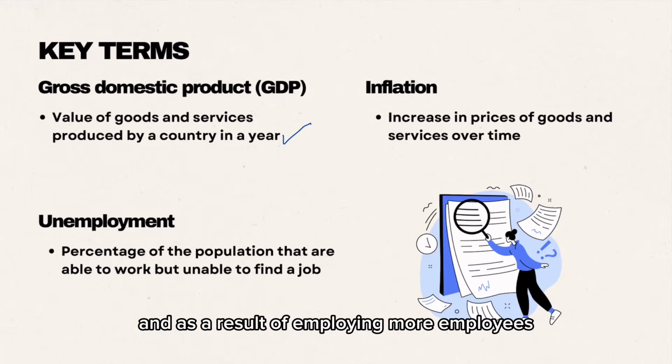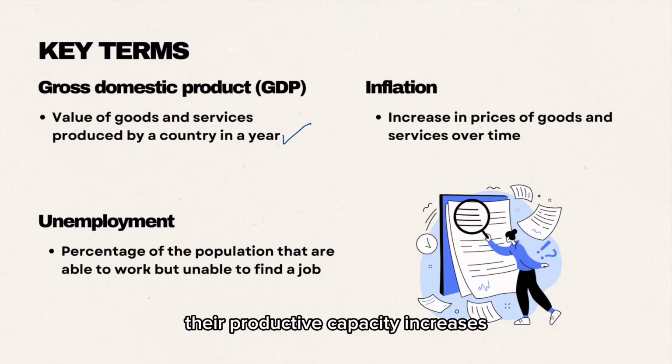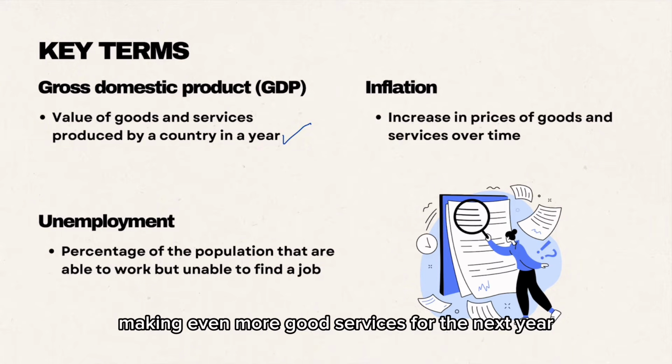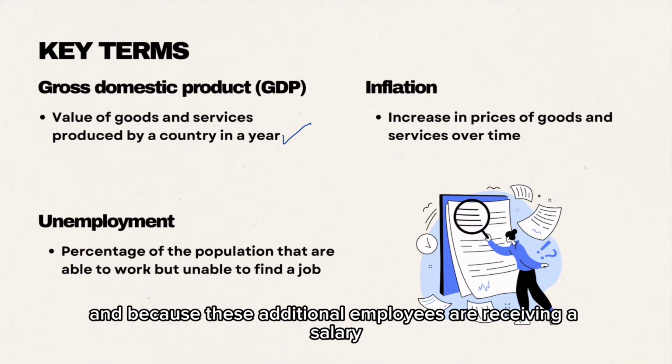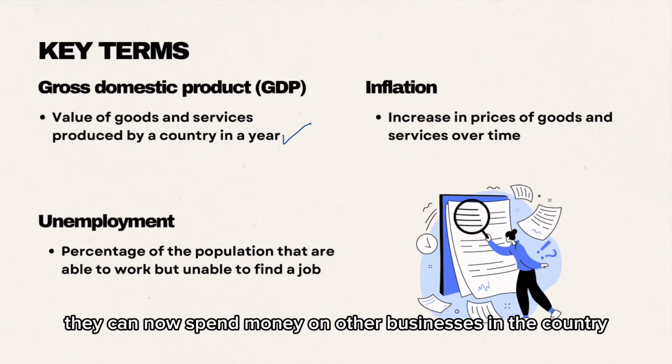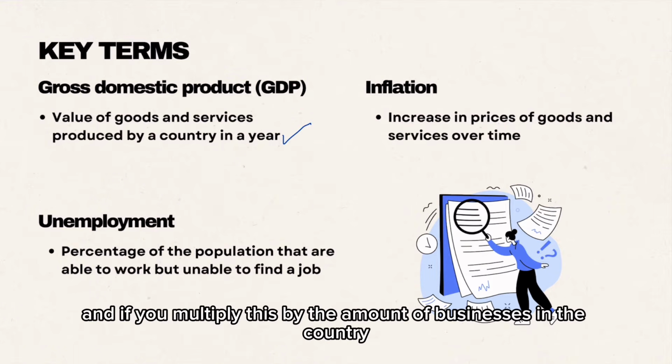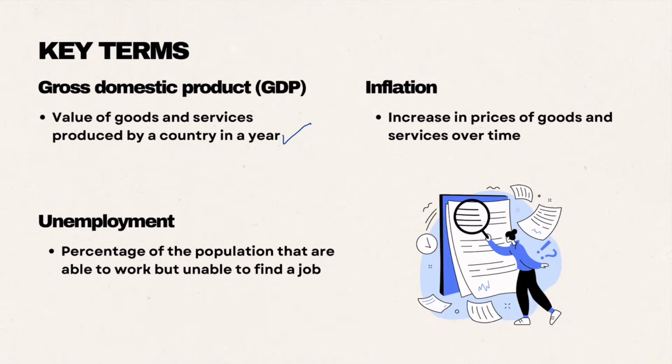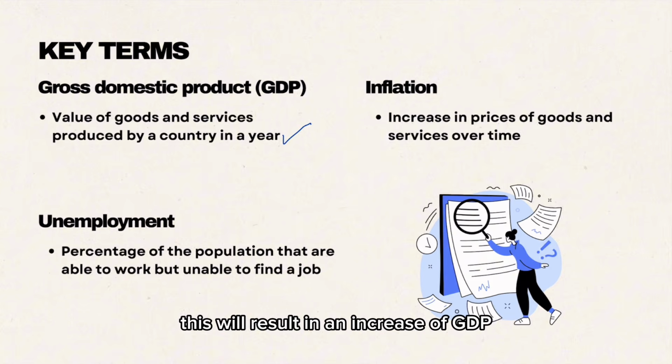And as a result of employing more employees, their productive capacity increases, making even more goods and services for the next year. And because these additional employees are receiving a salary, they can now spend money on other businesses in the country. And if you multiply this by the amount of businesses in the country, this will result in an increase of GDP, or gross domestic product.